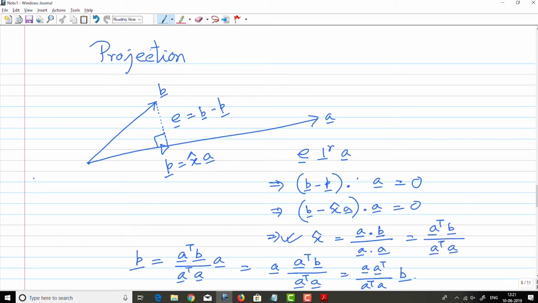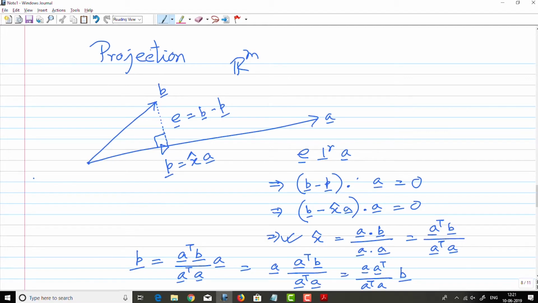Now what is your A transpose? Suppose we are considering B as m dimensional. All these vectors, vector A and vector B, are in Rm. Then what is A transpose?